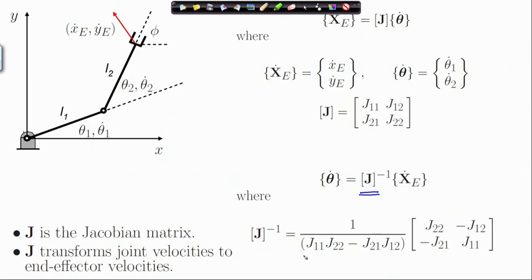In the inverse, we had this determinant sitting in the denominator, determinant of the Jacobian in the denominator, and that makes it a little tricky. So, we must guarantee that this determinant should not vanish. If it vanishes, then the Jacobian matrix is singular.